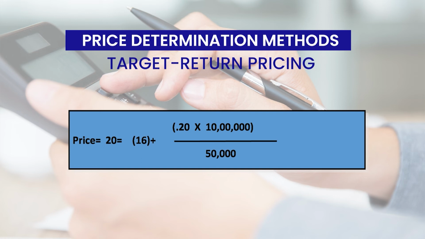So 16 plus, this becomes 2 lakhs divided by 50,000, which means 16 plus 4, which means that if you price your product at 20 rupees, then you get 20% target return. And this is how it guides you.